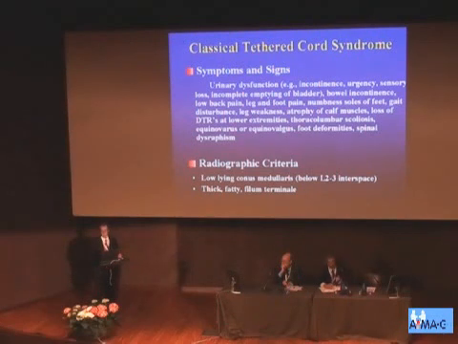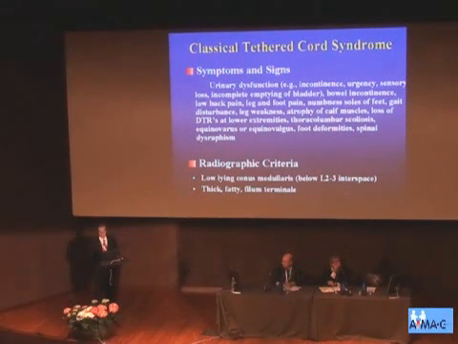Urinary dysfunction, often with incontinence, urinary urgency, sensory loss in the bladder, incomplete emptying of the bladder, bowel incontinence, low back pain, foot and leg pain of various types, numbness on the soles of the feet, gait disturbances, quite variable, weakness in the legs, atrophy of the calf muscles, loss of DTRs, reduced deep tendon reflexes in the lower extremities, thoracolumbar scoliosis. Children sometimes present with equinovarus or valgus deformities of the foot. And there may be an incidence of spinal dysraphism here.